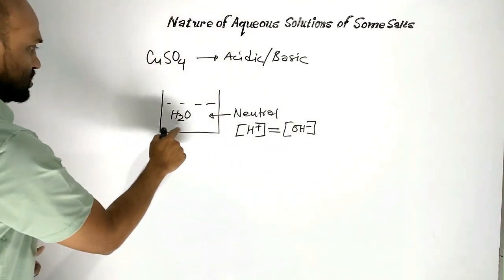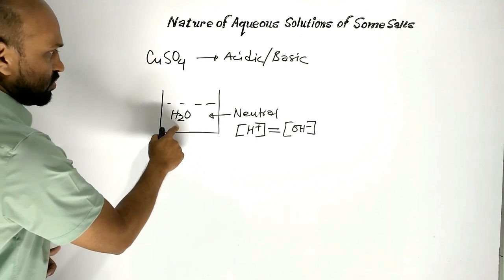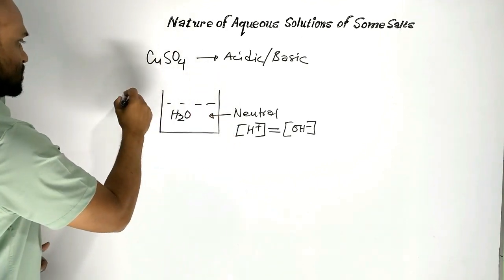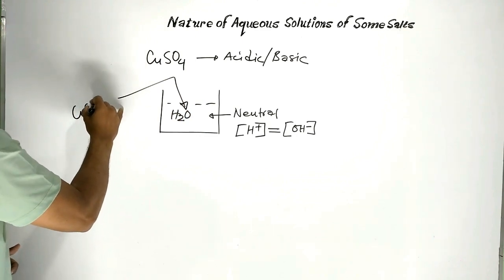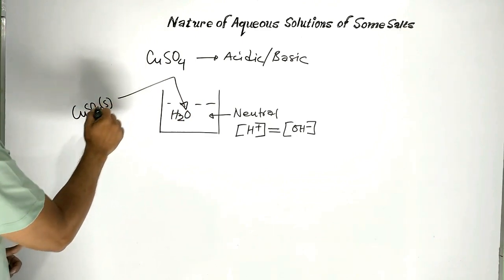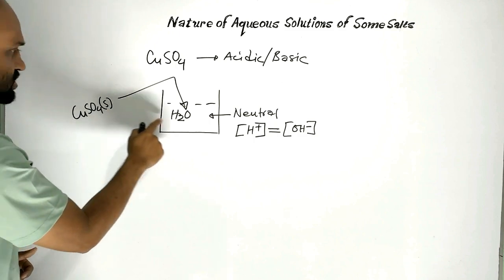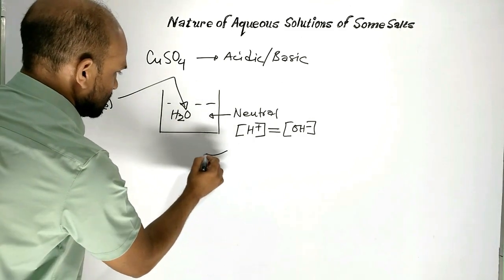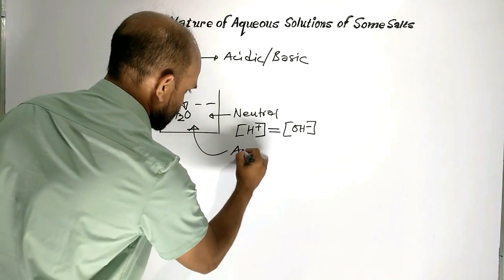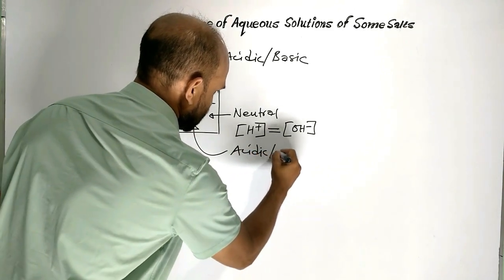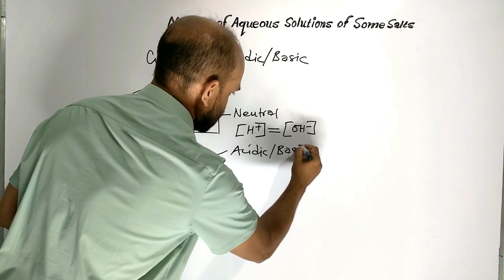That is why water is normally neutral, but when salt of copper sulfate is added to water, then the nature of the solution is acidic or basic.